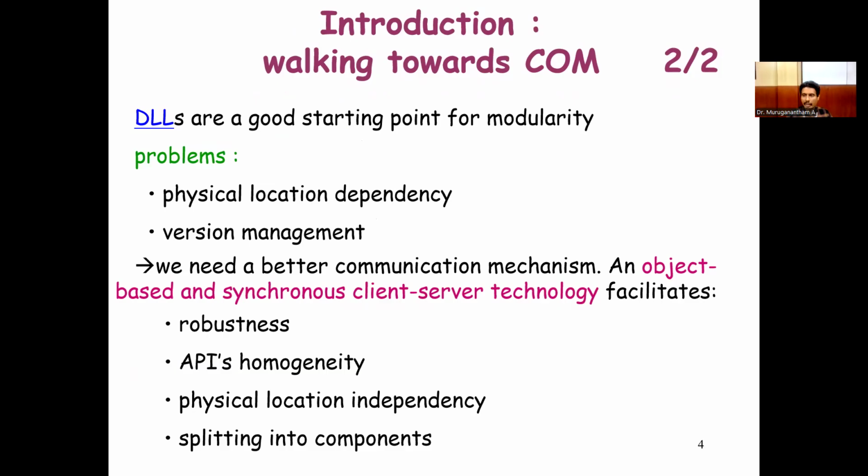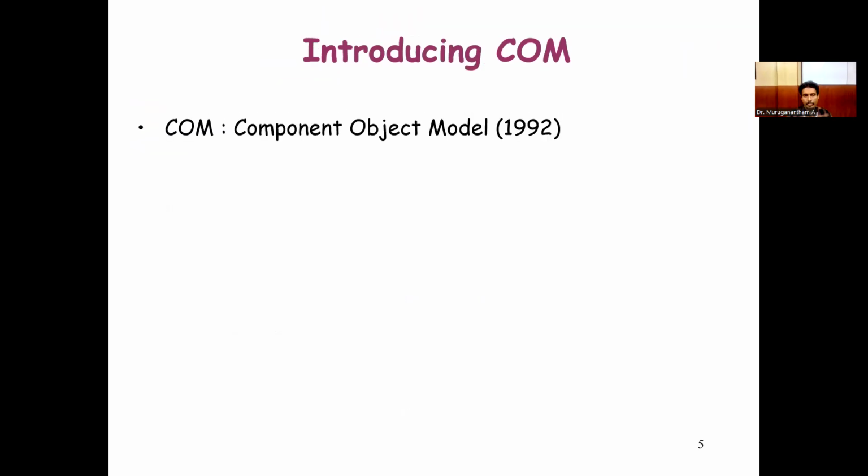To overcome that, they brought the mechanism of COM, which provides robustness, API integration, physical location independence, and the ability to split into different components when you use COM.